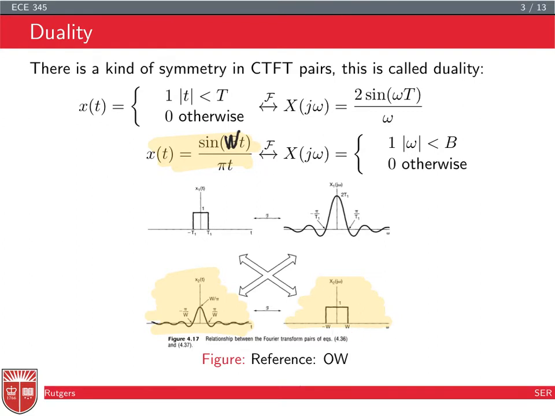And duality says that if you flip the time and frequency variable, you will get kind of the same transform, meaning that if you look at a box in the time domain now, you will get something similar to a sinc function in the frequency domain, and this is what we're talking about here.